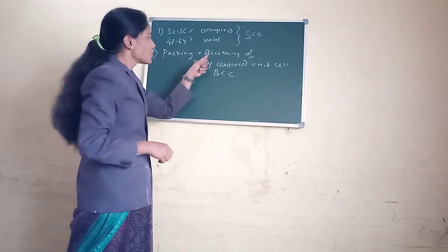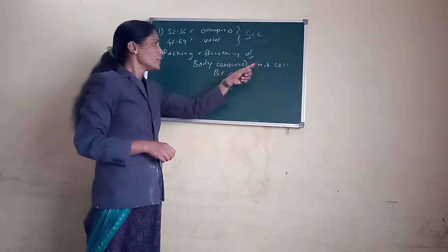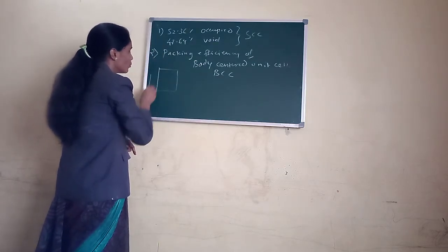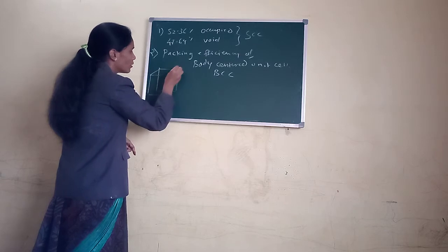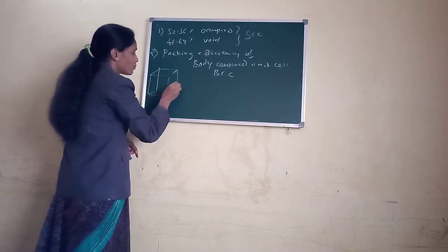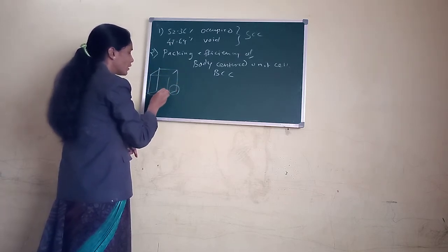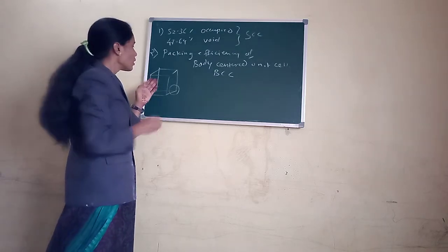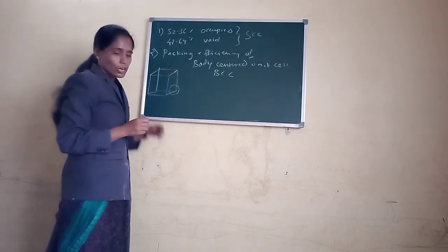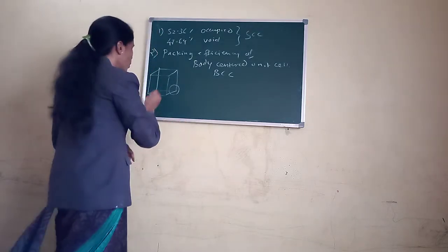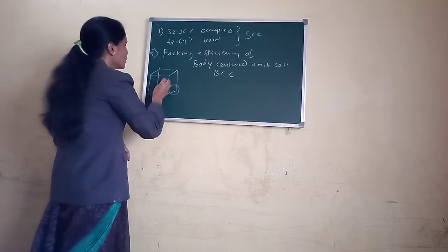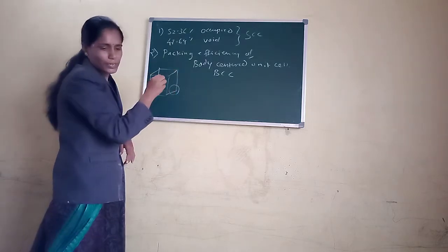Calculate the packing efficiency of body centered unit cell. The diagram for body centered cubic unit cell: the 8 spheres at 8 corners, from which here we draw only the spheres of this point 1 and again the center point.